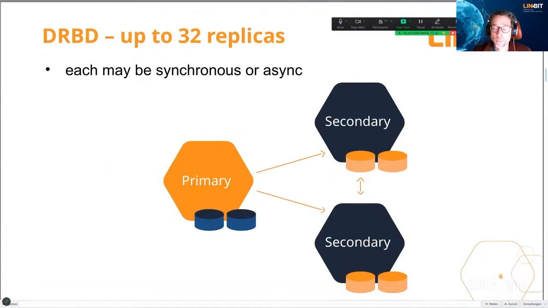It is also not a two-node thing, so it can mirror to multiple secondaries in parallel. Up to 32, but nobody needs 32 copies of his block data. And by the way, each replication link might be synchronous or asynchronous, and you can switch that at runtime.